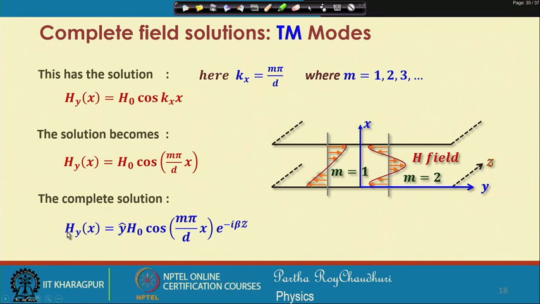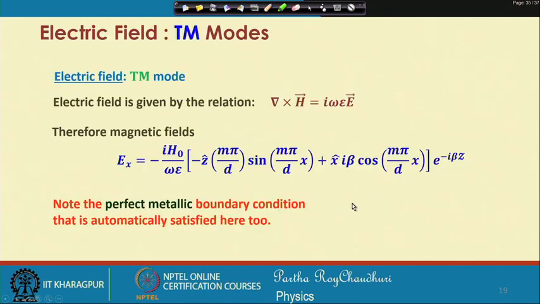The complete solution can be written in terms of this cosine function, and you can see that at x equal to 0 the field is maximum, at x equal to d the field is also maximum, and that is what happens in both the cases for m equal to 1, 2, and for all the integral values of m we can find out and depict the field distribution across the waveguide.